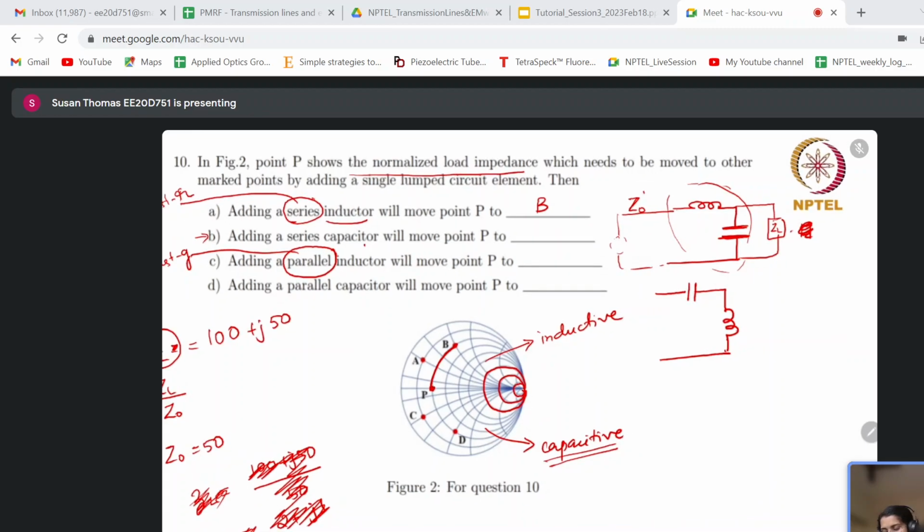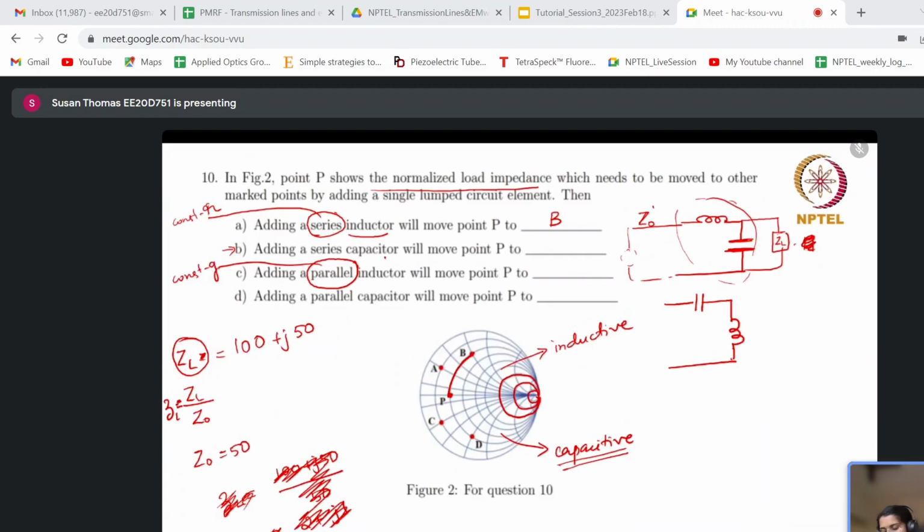So series will move along the constant R circle. So adding a series capacitor moves along a constant R circle towards the lower half of the Smith chart. So P will move towards D.